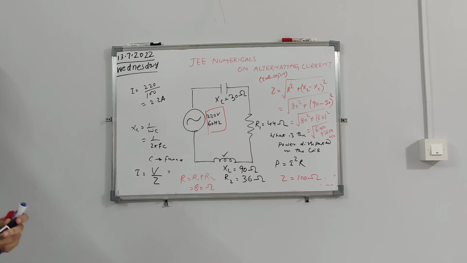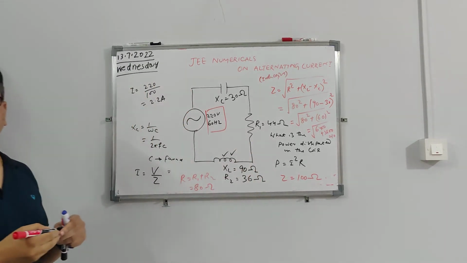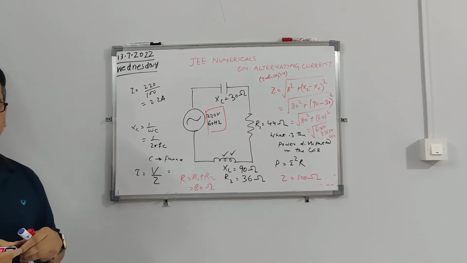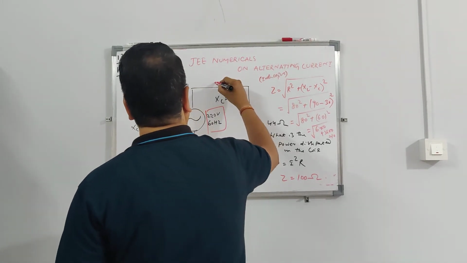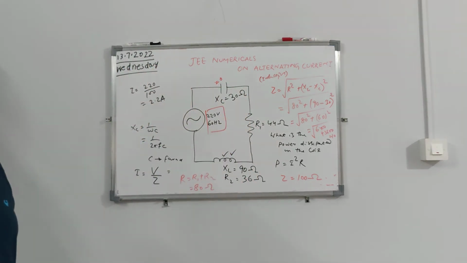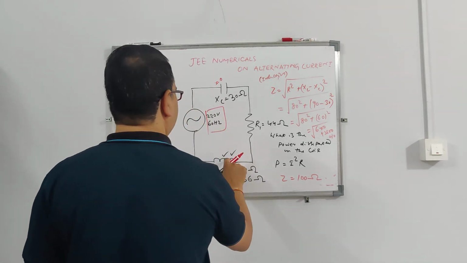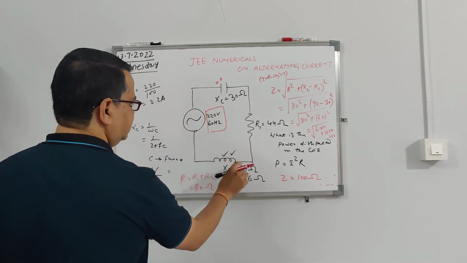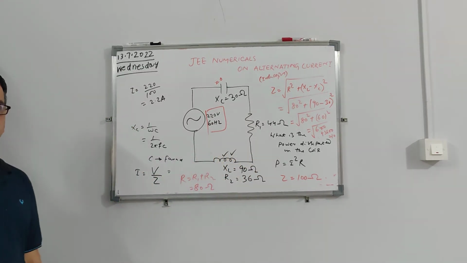Now the question is the power dissipated through the coil. So this is my coil. What is the power only through that coil? R2 you have to consider. The power dissipated through the capacitance is 0. Power dissipated through this coil because of the inductance contribution will be 0.